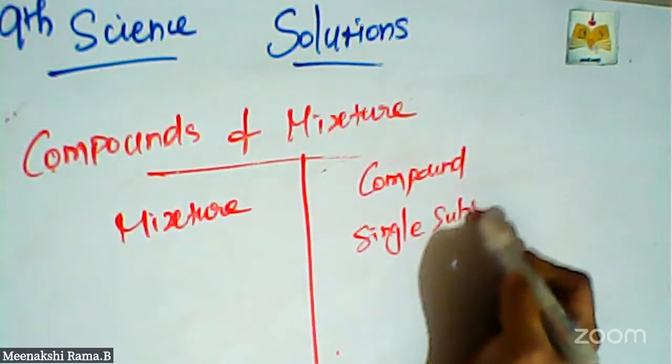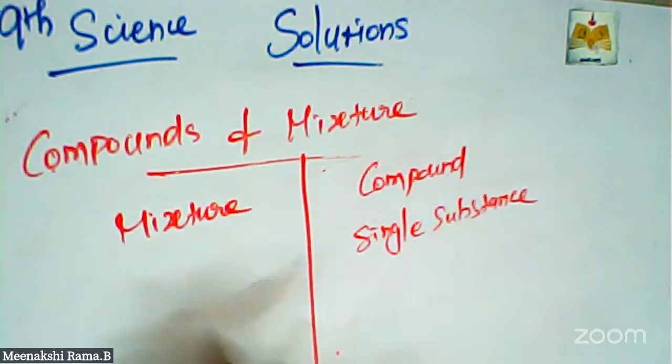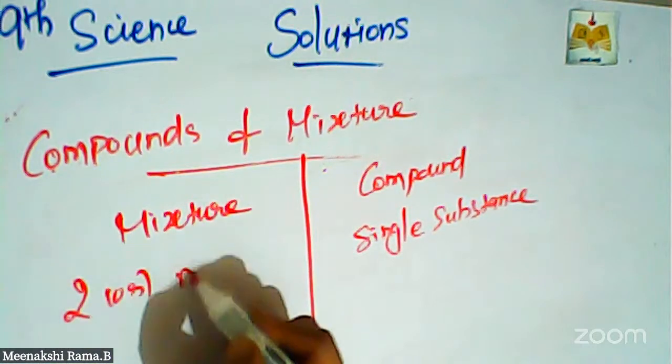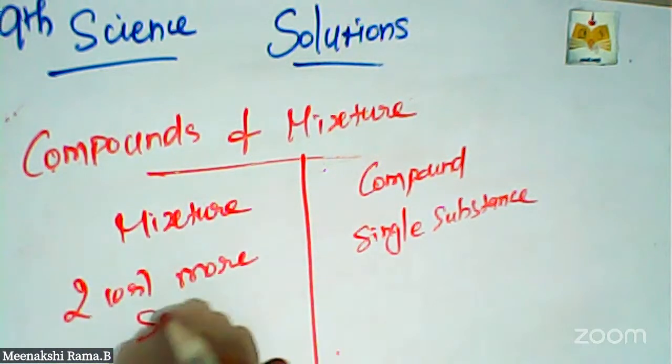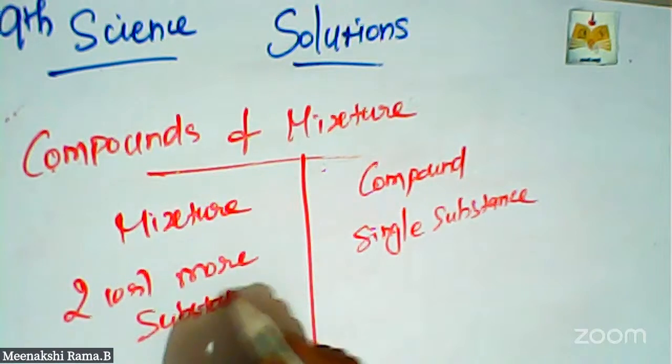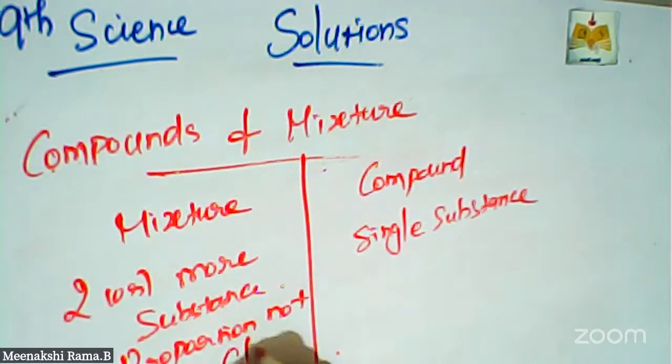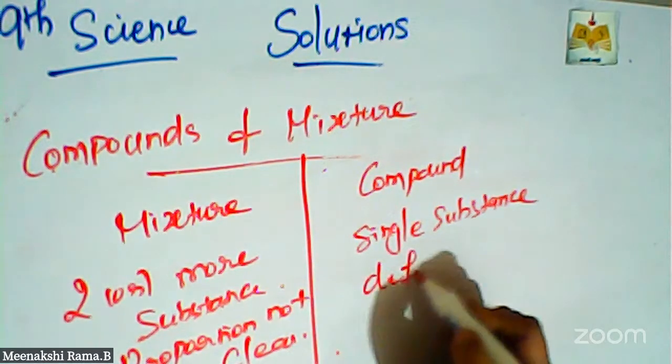First thing, it is a single substance. A mixture means two or more substances. Next, the constituents are in any proportion. The proportion is not clear. But in a compound it is a definite proportion.